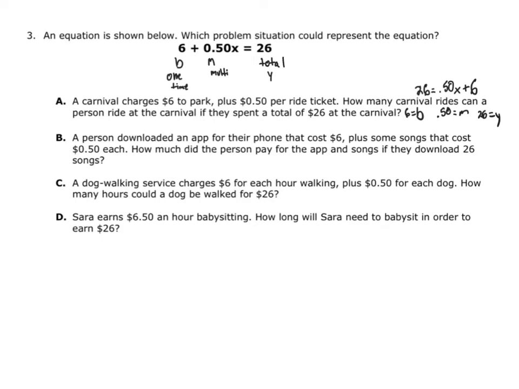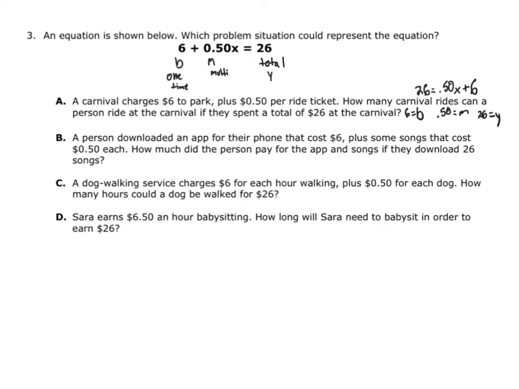B says a person downloaded an app for the phone that costs $6, plus some songs that cost 50 cents each. How much did the person pay for the app and songs if they downloaded 26 songs?